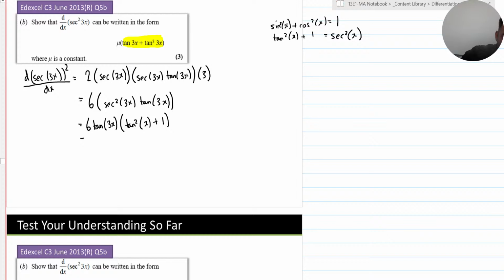So tan squared 3x plus 1, which gives us 6 tan of 3x times by tan squared of 3x plus 1.